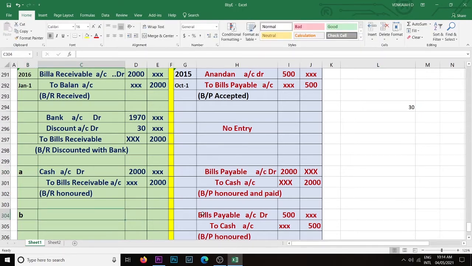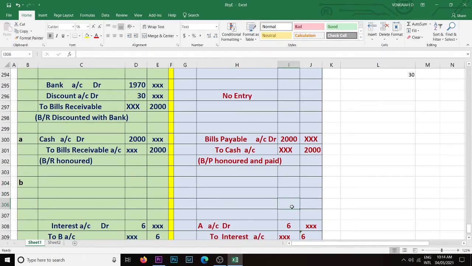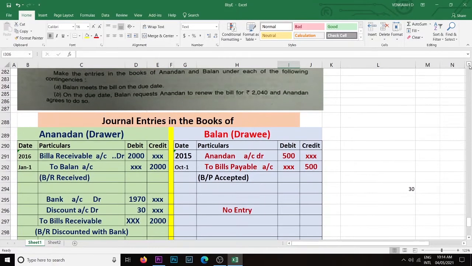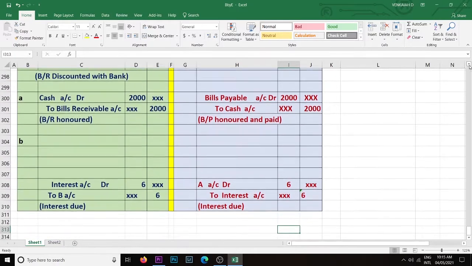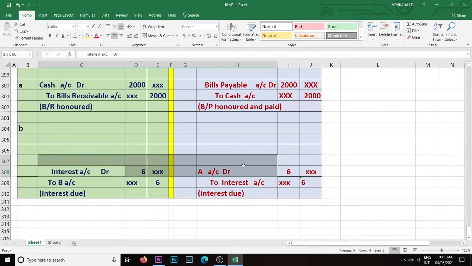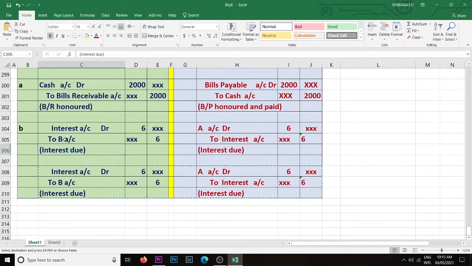So what B is telling is, as per B, on the due date, Balan requests Anandan to renew the bill for 2040. Anandan agrees to do so. Right. So 40 rupees is interest. First we have to record for interest. Interest account debit to Balan account.